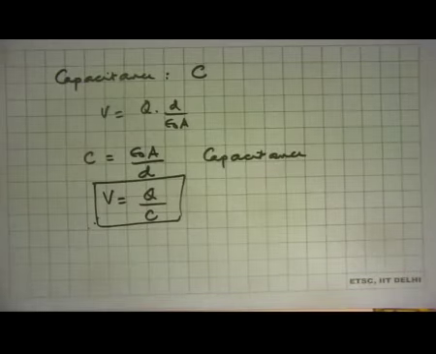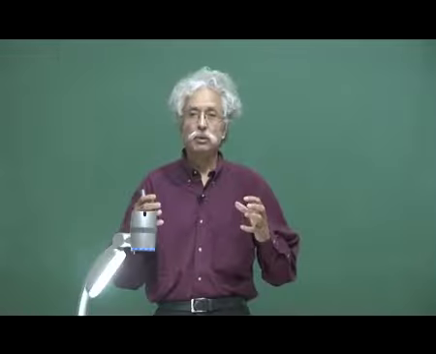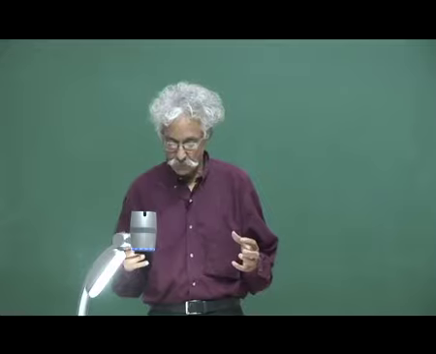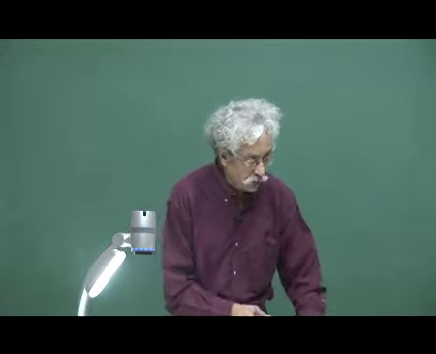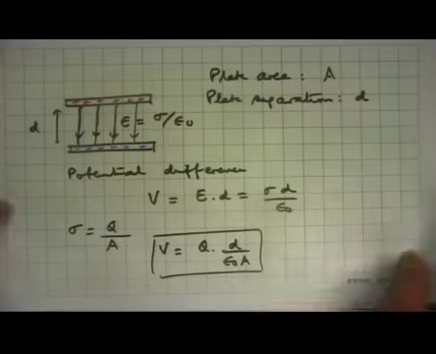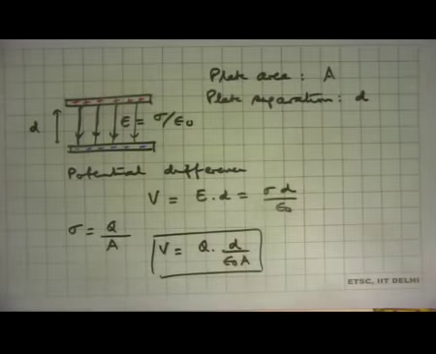So, as I mentioned, capacitance is a quantity which relates the potential difference between two conductors which are carrying a charge q. And although I have derived this relationship for a parallel plate system, this relationship is true in general.